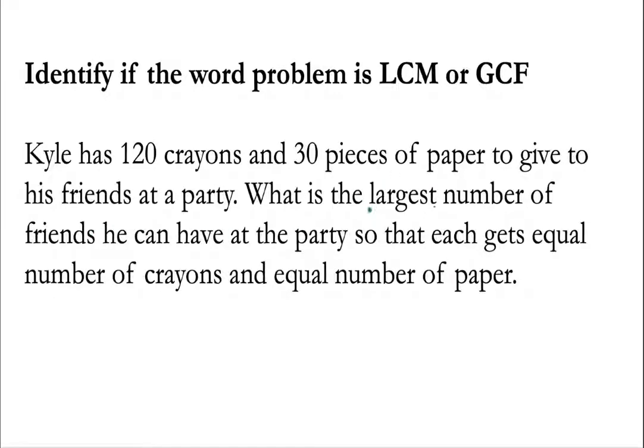What is the largest number of friends he can have at the party so that each get an equal number of crayons and an equal number of paper? Now, because I saw the word largest, I know that that goes with greatest, so this is a GCF. Also, because they wanted everyone to get equal numbers where nothing is left over, was also a clue that we're dealing with GCF.